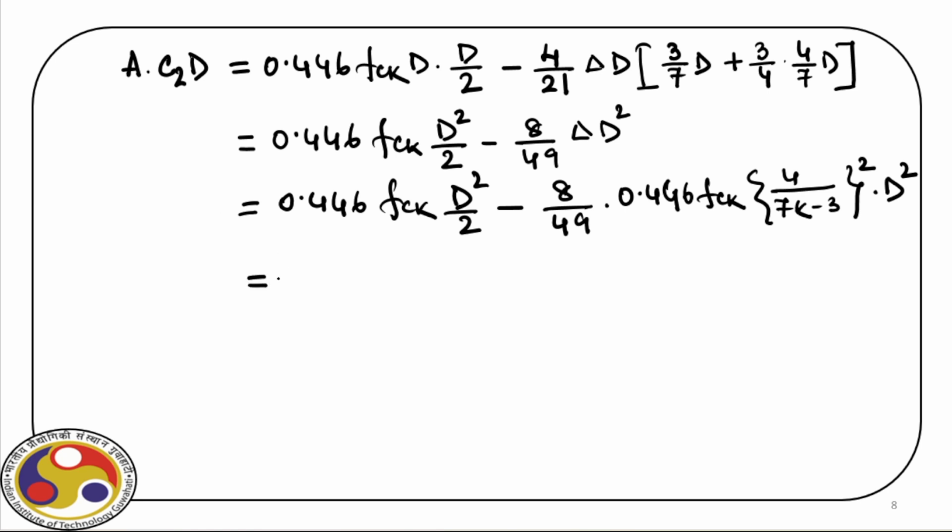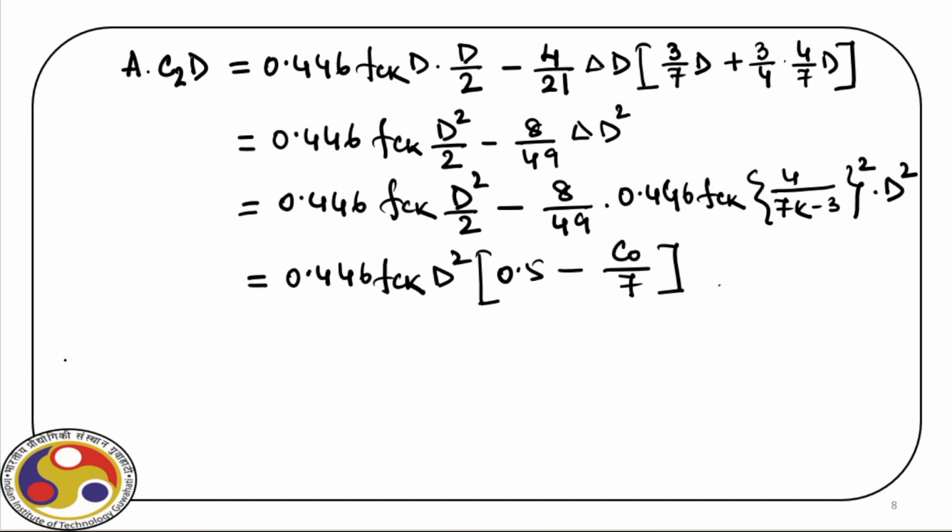So let us simplify further. We have 0.446 FCK d square. Within bracket we have 0.5, and this remaining part we can write in a compact form C0 by 7. Right.